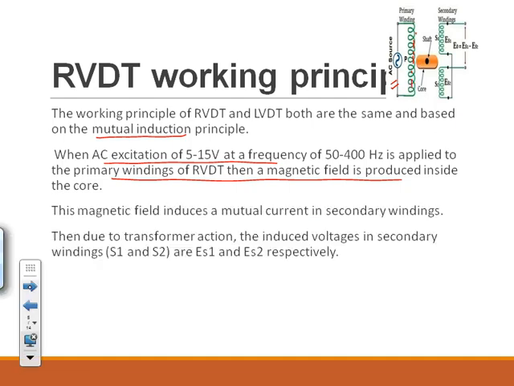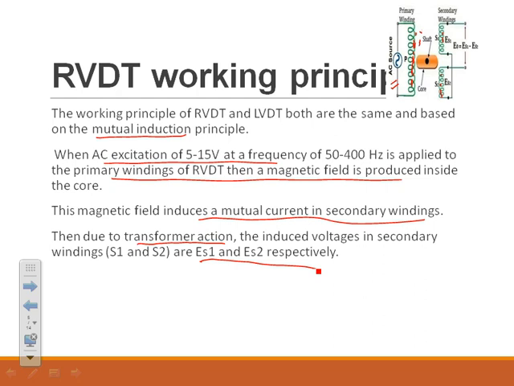And this magnetic field induces a mutual current in the secondary winding. So the magnetic field produced in the primary will induce a current in the secondary winding. Due to the transformer action, the induced voltages in the secondary winding are ES1 and ES2 respectively.